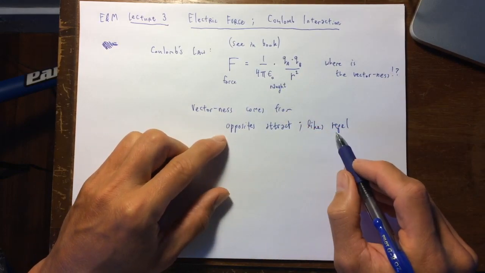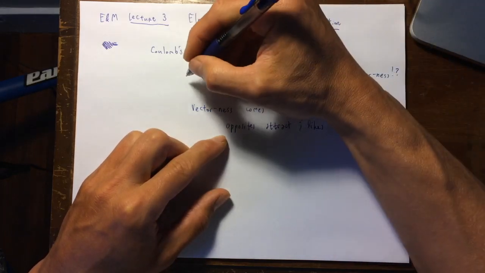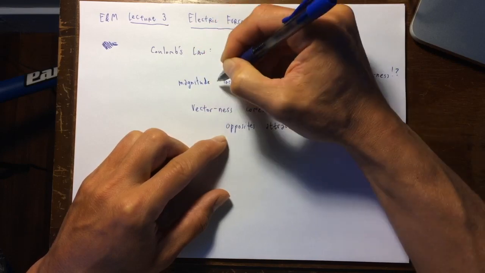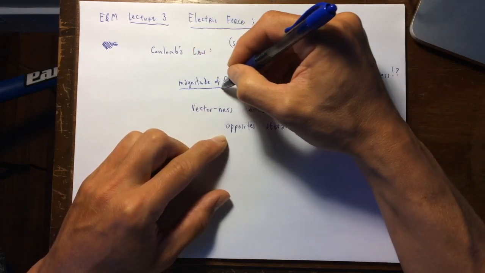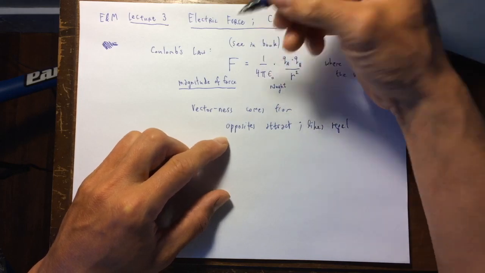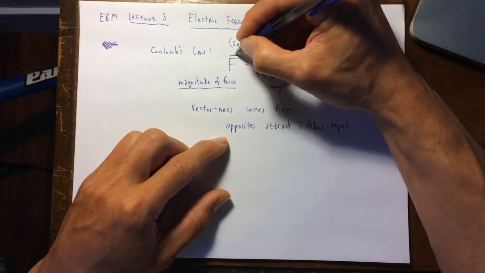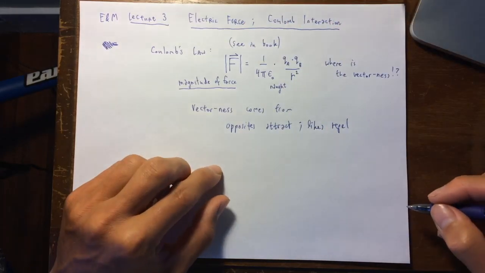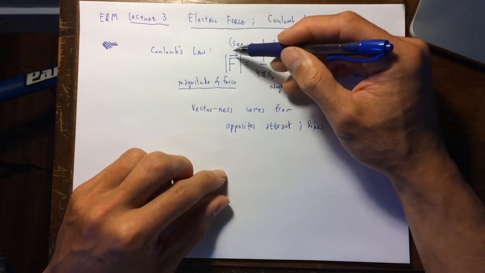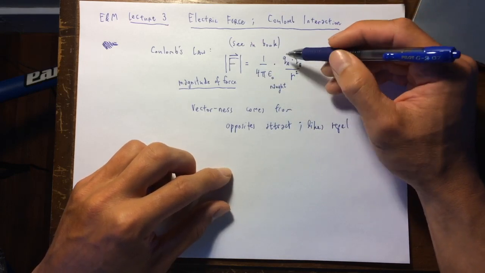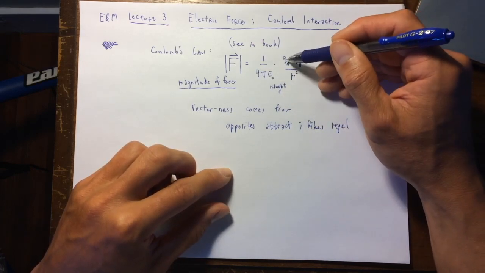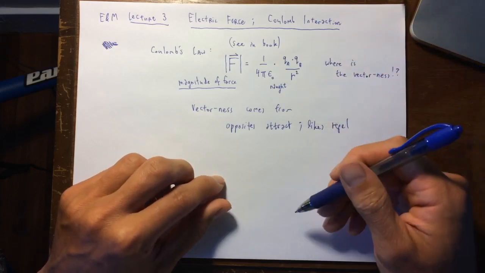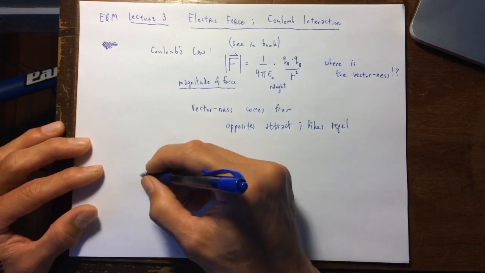So this is where the vectorness is. Up here, this is simply going to give you the magnitude of the forces. If you'd like, you could say it's what you would get if you ask what is the magnitude of the force vector from the interaction between charge A and charge B, which are a distance r apart. So here's an example.